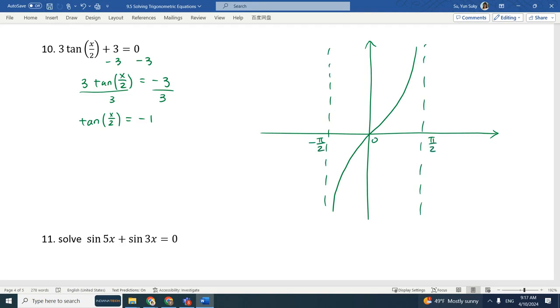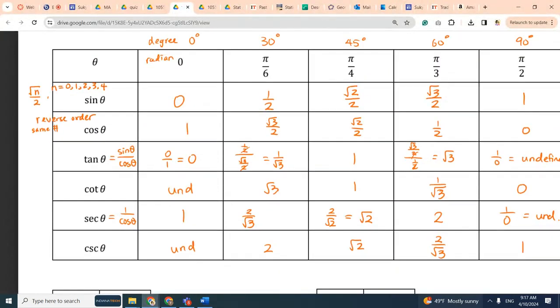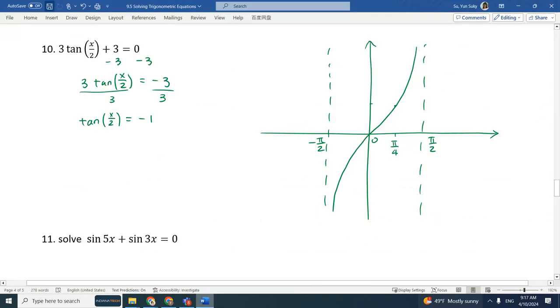Right, everybody? And the common angle values, the middle is pi over 4. And tangent pi over 4 is, what is that? Yeah, tangent pi over 4 is 1. And then you cut this into 3 pieces.